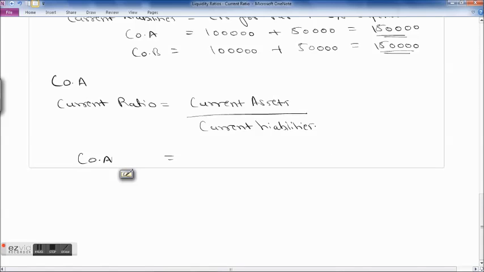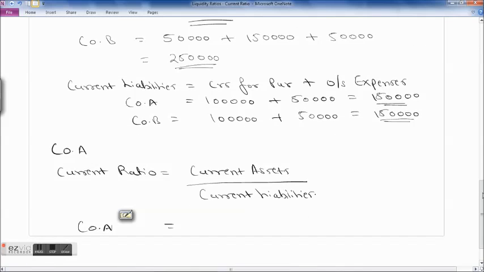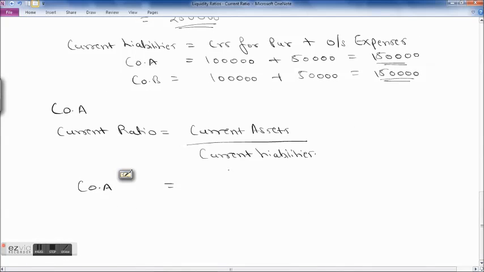Current assets is 6 lakh divided by 1,50,000. So how much does that come to? 4.